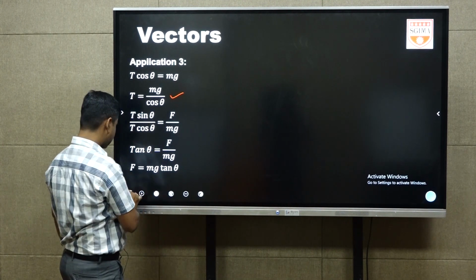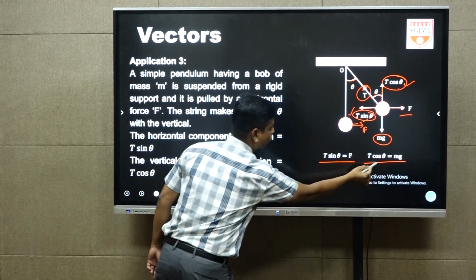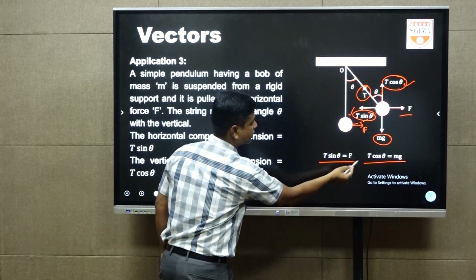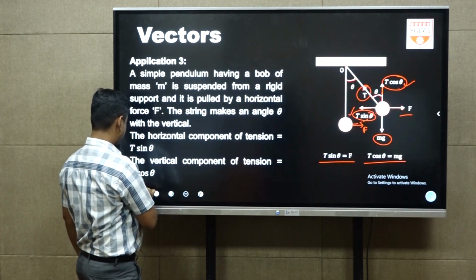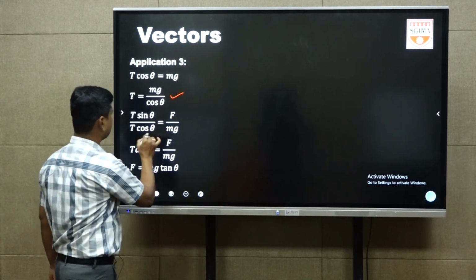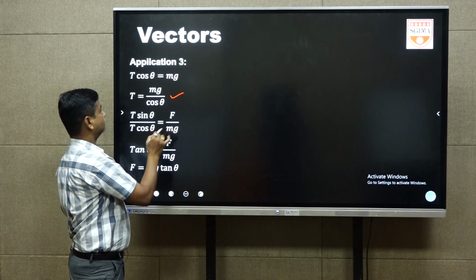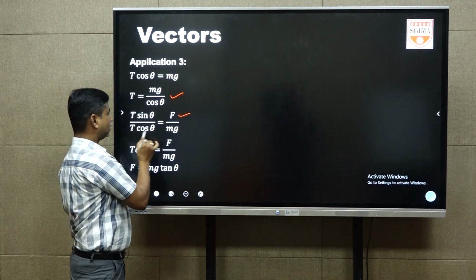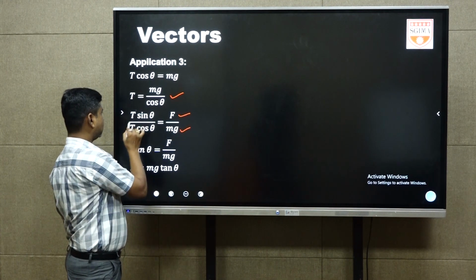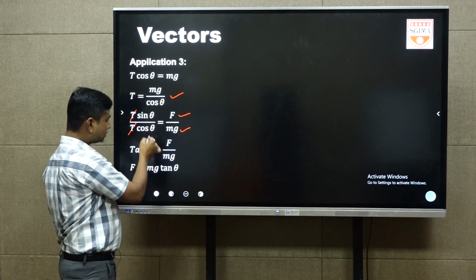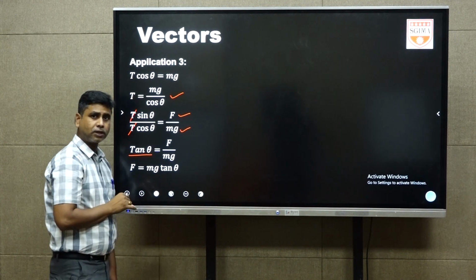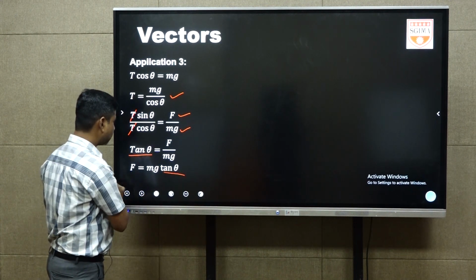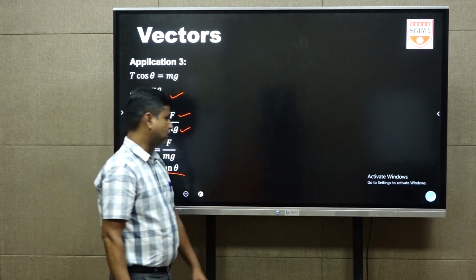Next, from these two equations write T sin theta upon T cos theta equals F by mg, since T sin theta equals F and T cos theta equals mg. Here T cancels. Sin theta upon cos theta is tan theta. Tan theta equals F upon mg. Then F equals mg tan theta.